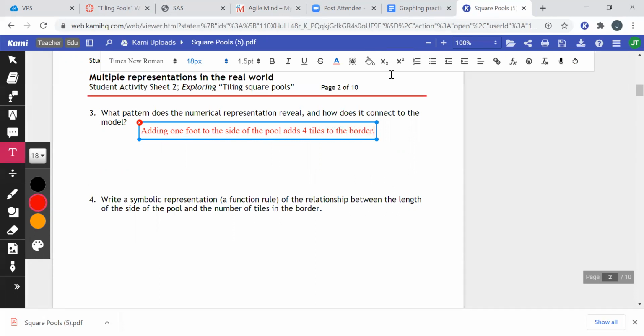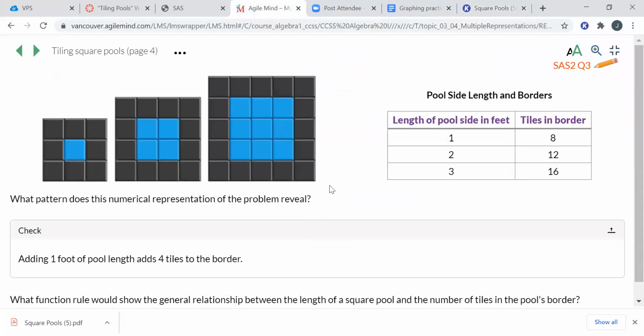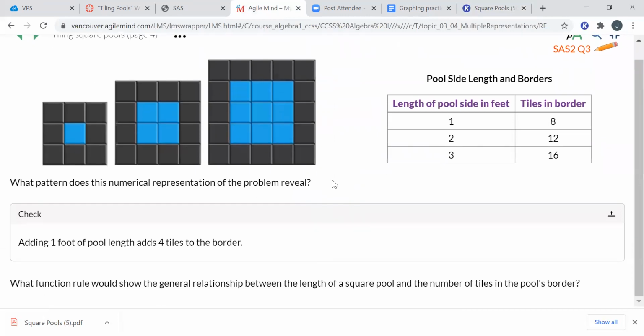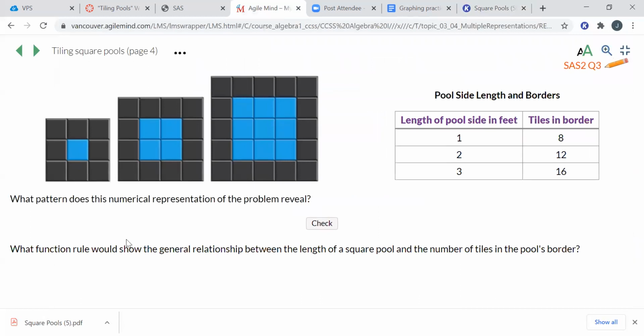That's our guess. Now in math, noticing this in a table is technically not enough. We need to really, really, really prove things in math. But it's good to notice this and go, that seems to be the pattern. Well, a function rule would show that general relationship. And that's what we're going to shoot for: a function rule, which shows that general relationship.